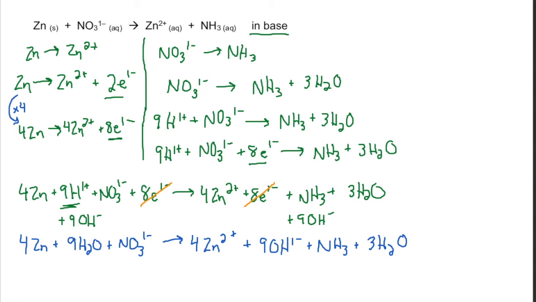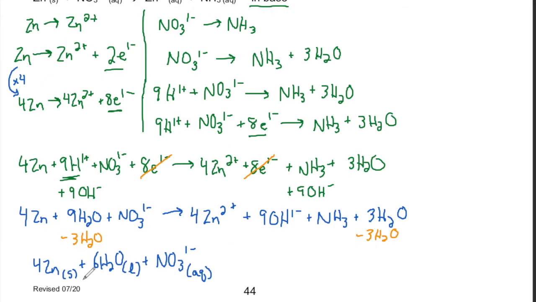So if we take away 3 waters, that's going to make it simpler. All right, I'm going to start adding states because I think that we are close to being finished here. So 4 zinc solid atoms, 6 waters now, and a nitrate. And then here we have 4 zinc ions, 9 hydroxide ions, and ammonia.